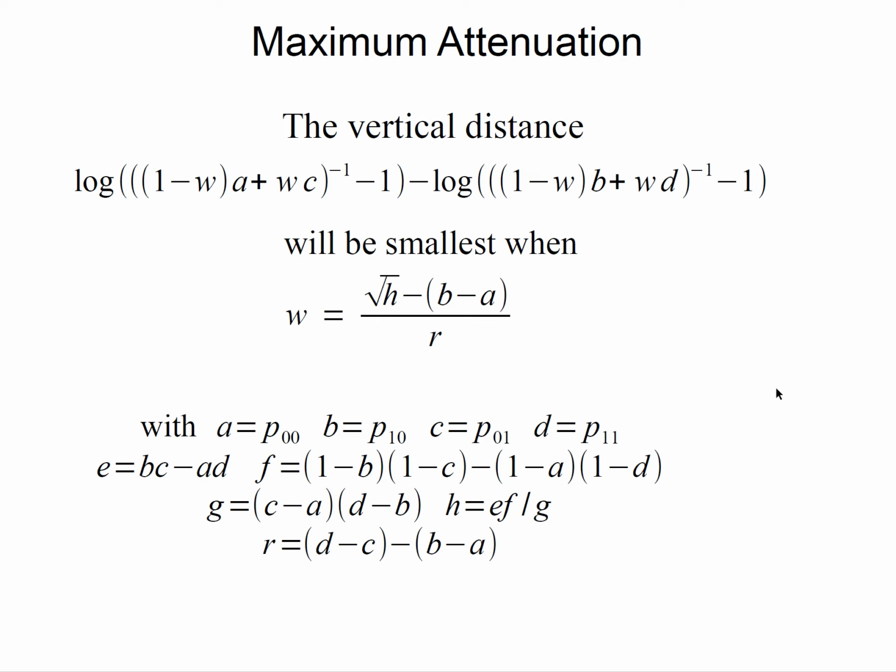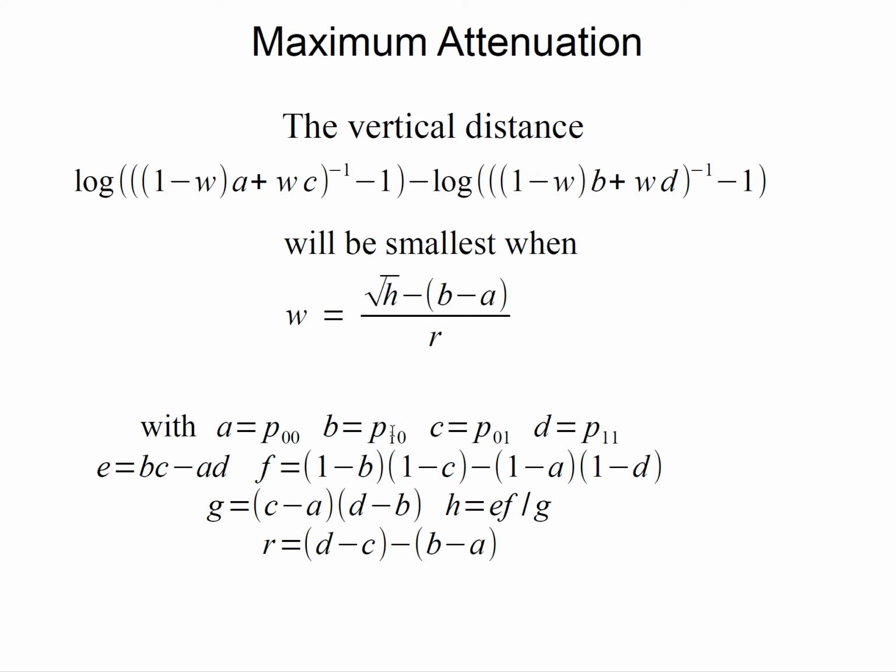for the circumstance where the weights are the same in both the exposed and unexposed, it turns out that this vertical distance is made smallest for this particular value of the weight, or the fraction here. It's a bit technical, and I've written this in terms of something called the square root of h and b minus a, which are the probability.